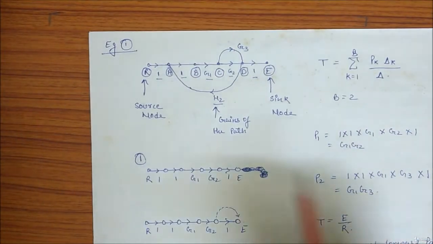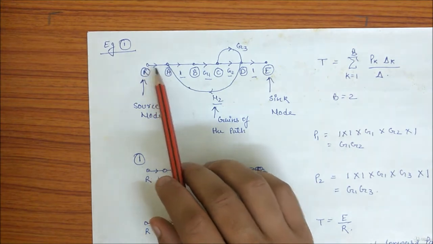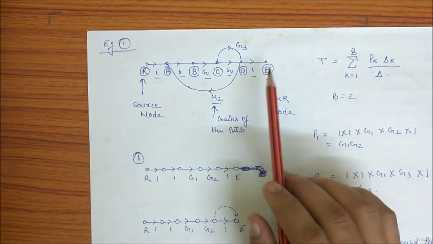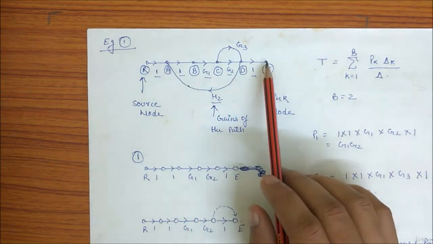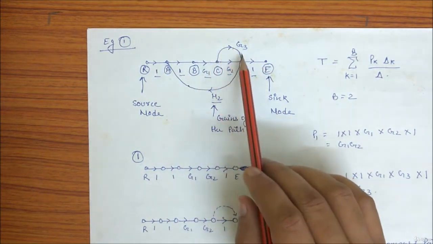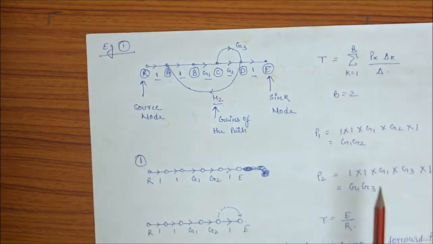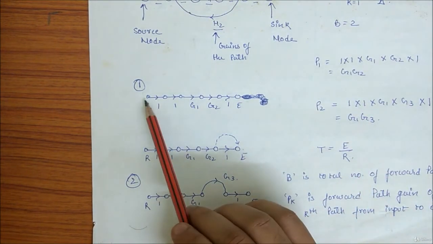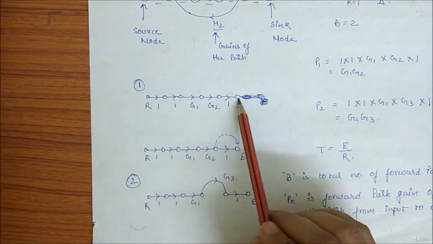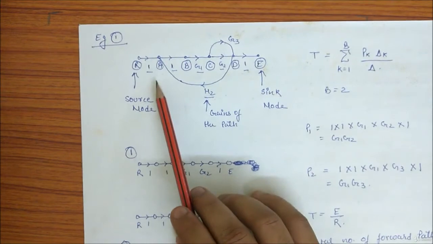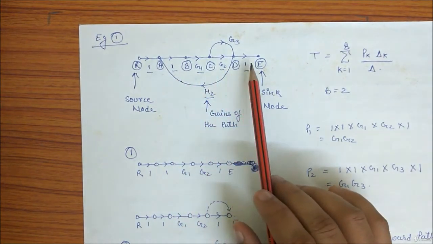There is one forward path from input to output, through G2, and one more forward path through G3. Here I have mentioned R to E: 1, 1, G1, G2, 1.